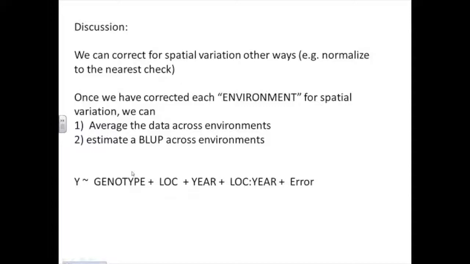You can also combine the data again with another blup. And I would tend to do it this second way, but I am aware of people that have had papers reviewed where they were criticized for essentially conducting double shrinkage. So remember, when you estimate a blup, there's a tendency for the data to shrink back towards the mean. And so if I calculate a blup of a blup, I'm getting even more shrinkage.